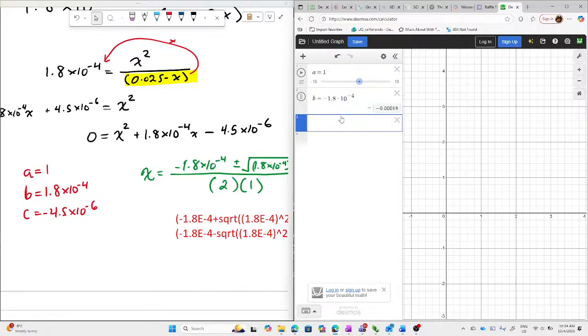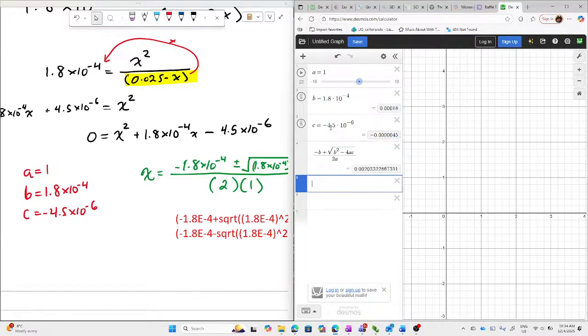C was negative 4.5 times 10 to the exponent negative 6. And then we could just say negative b plus the square root of b squared minus 4ac all over 2a, and negative b minus the square root of b squared minus 4ac all over 2a.